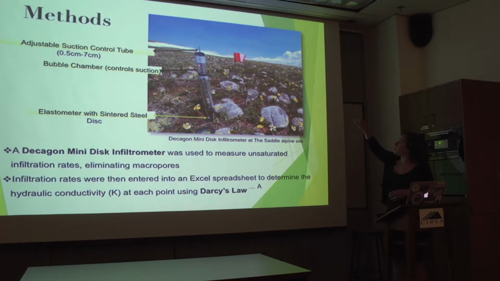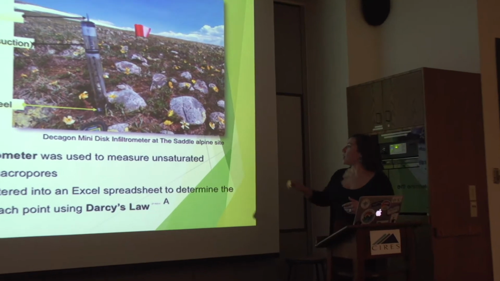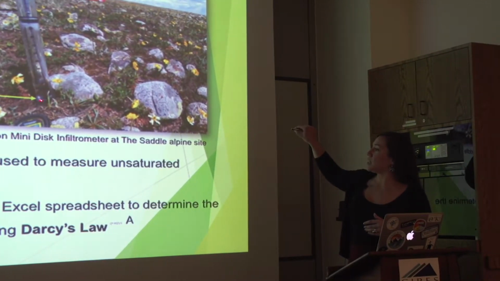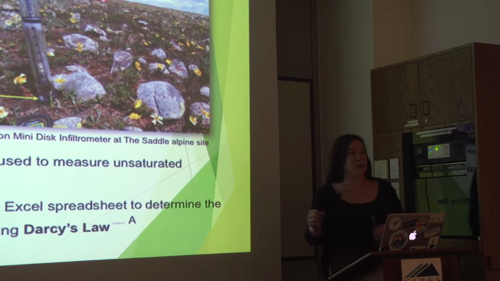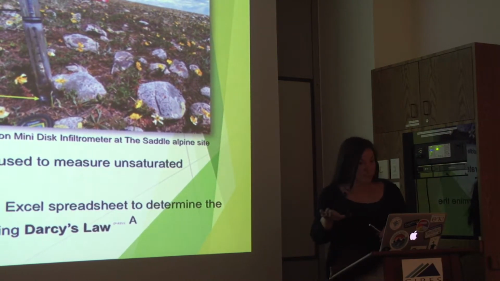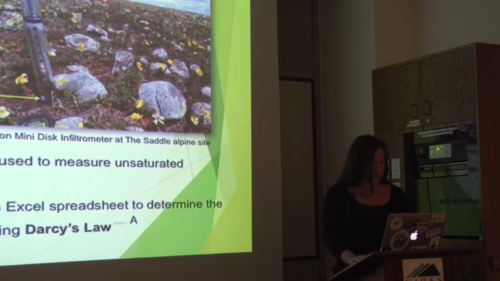There's another tube that combines both chambers, balancing the pressure between the entire MiniDisc. And the sintered steel disc here is just a porous disc that has to have good surface contact with the soil. And all of these rates are put into an Excel spreadsheet to evaluate those rates for us.